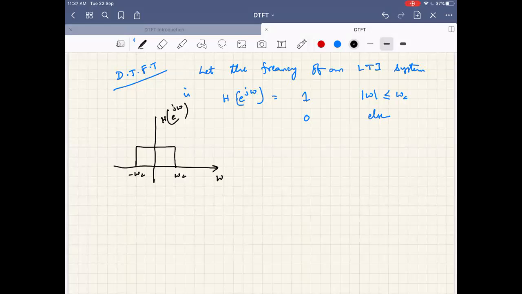It is periodic. With what period? With a period of 2 pi, and hence sketching it from minus pi to pi is good enough. So assume that this is minus pi and let this be pi. This is good enough to sketch H of e power j omega. And the angle here is 0, so the phase is 0 all through.